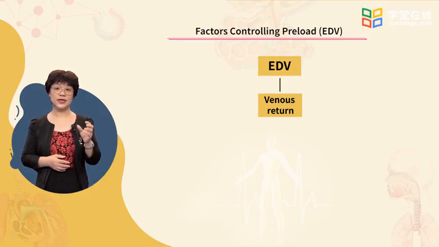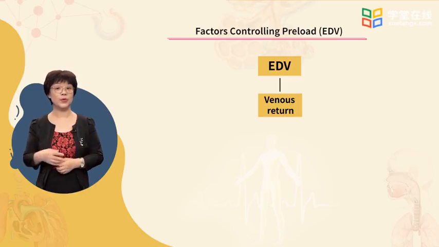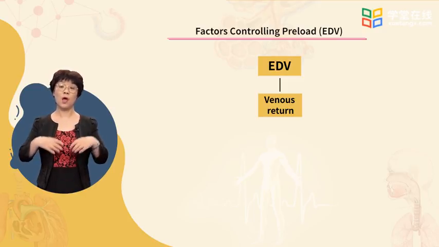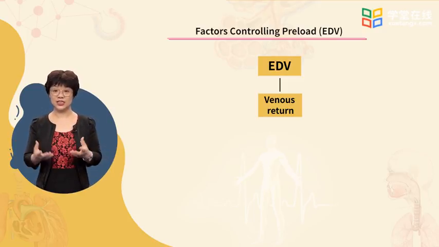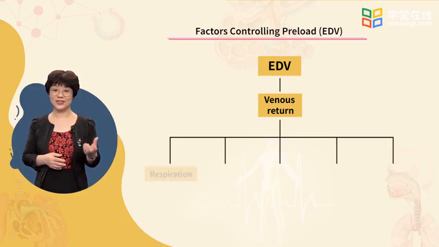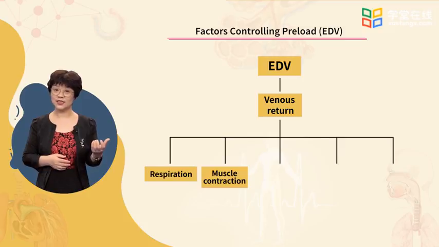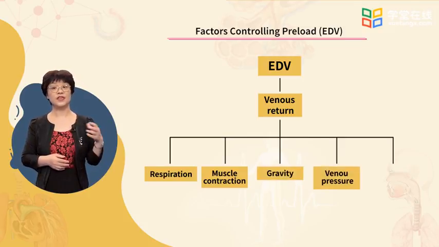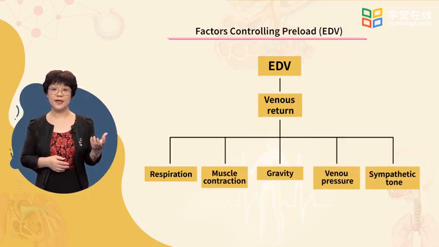Venous return is the amount of blood returning to the heart from all organs and tissues in our body. It is determined by respiration, muscle contraction, gravity, venous pressure, and sympathetic tone.